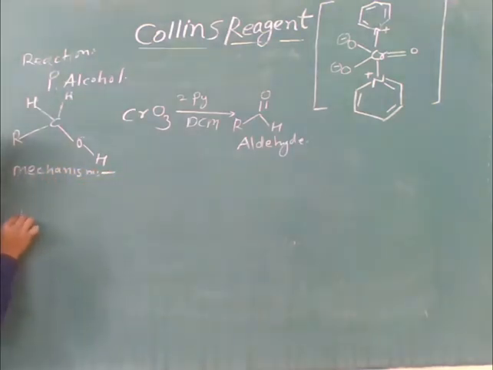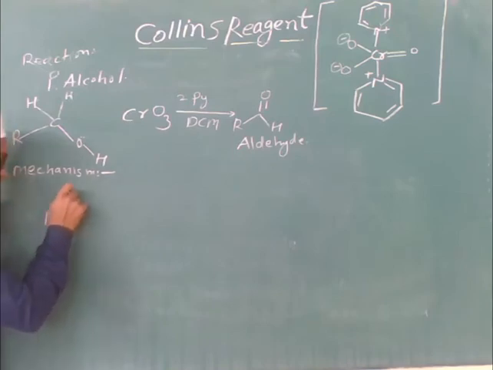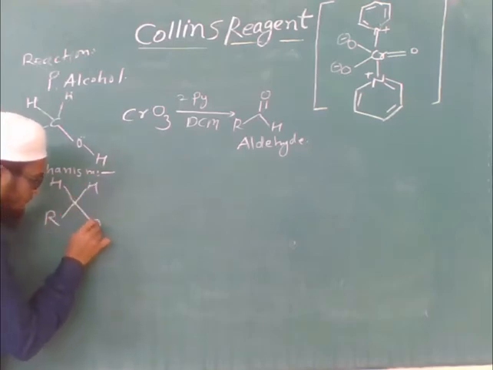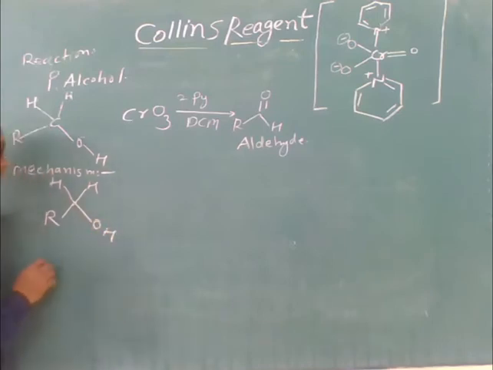So I will take primary alcohol. This one is our primary alcohol. This carbon has 2 hydrogens and 1 alkyl group.